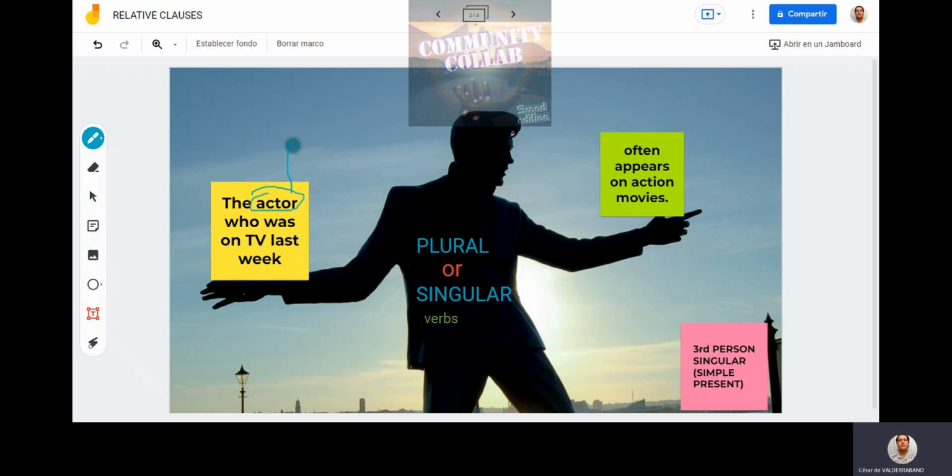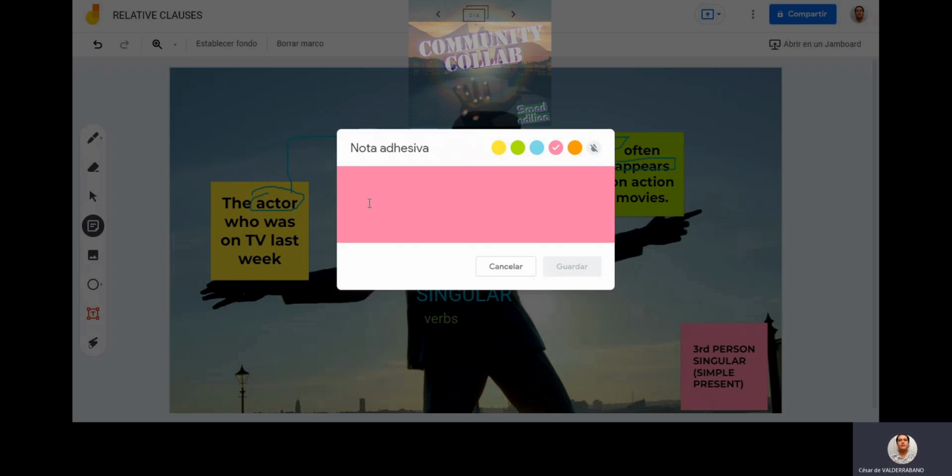Okay, and now the verb has to match with the subject. This is known as subject-verb agreement. Okay, let's preview this.